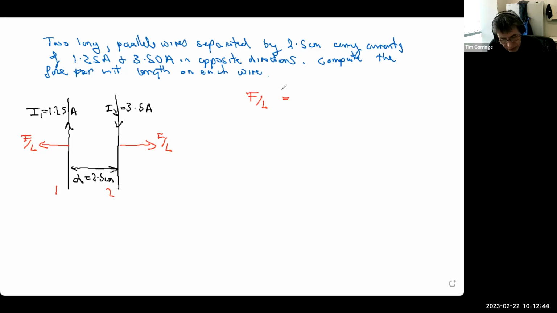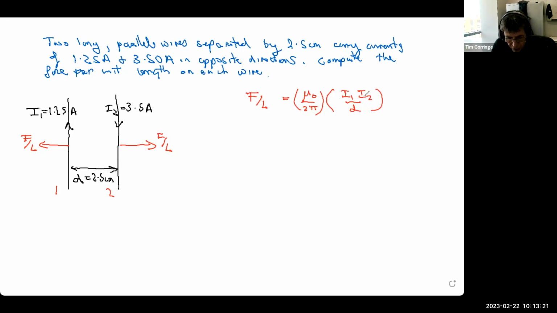And this is one of his equations, a famous equation for the force per unit length between two wires. It says that the force per unit length is mu naught over 2 pi, a constant of nature characterizing the strength of magnetism, times a function involving the parameters of the problem. In the numerator, there's the two currents. And in the denominator, there's the separation, I called it D, between the two wires.